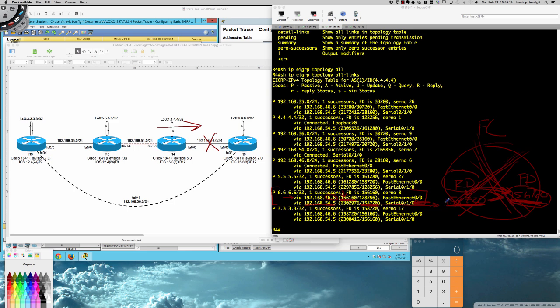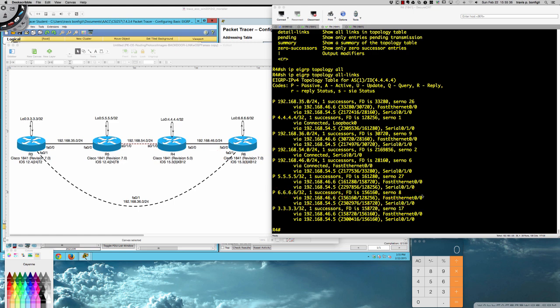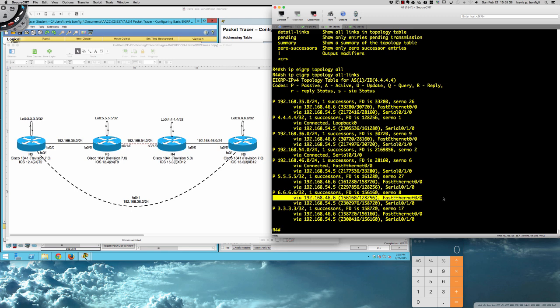So we will not see this route in the topology table sitting there ready to go as a hot standby to take over should this link go down. Okay, let me clear the screen here and we'll scoot back. Hopefully that makes sense, the feasibility condition and what is required for it to be met.